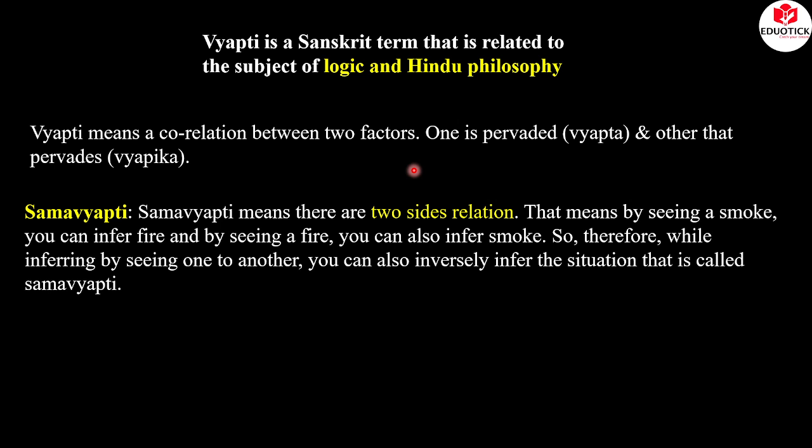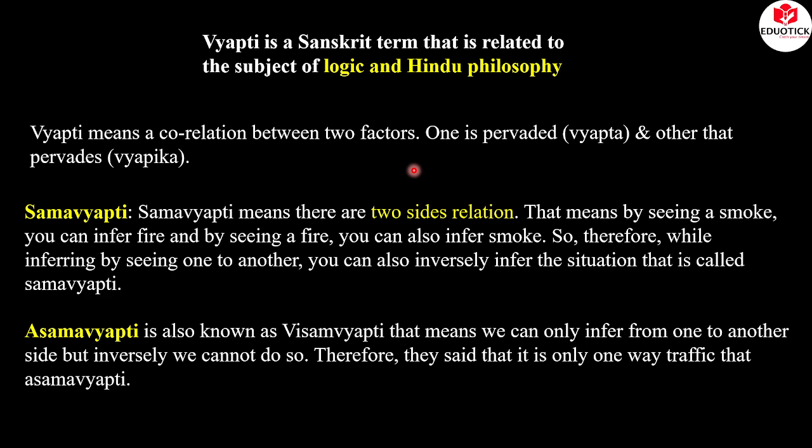If inversely also we can infer each other, for example here, if you see smoke, you can infer fire, and by seeing fire also you can infer smoke. So we can inversely infer both. That type of situation is called Samavyapti.